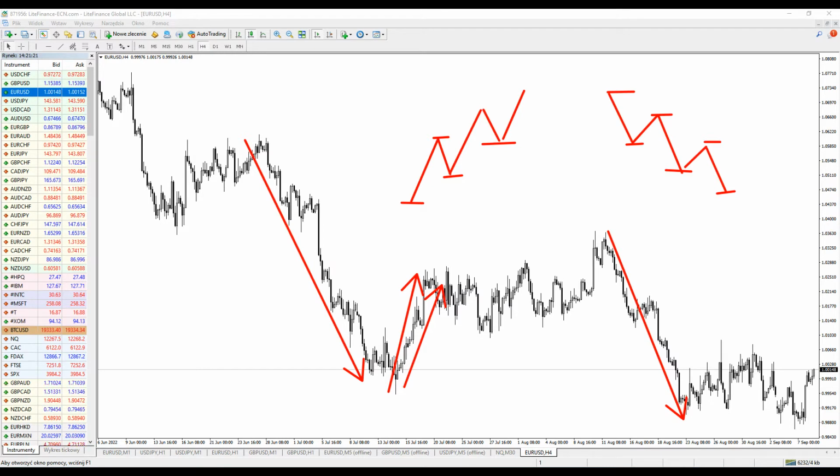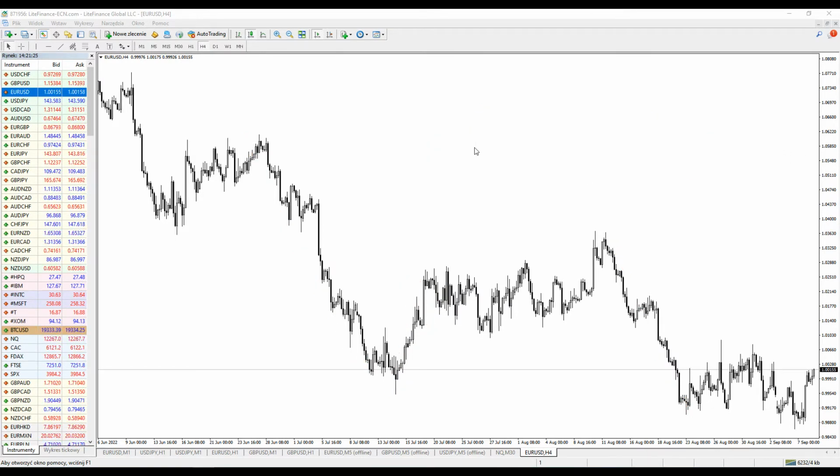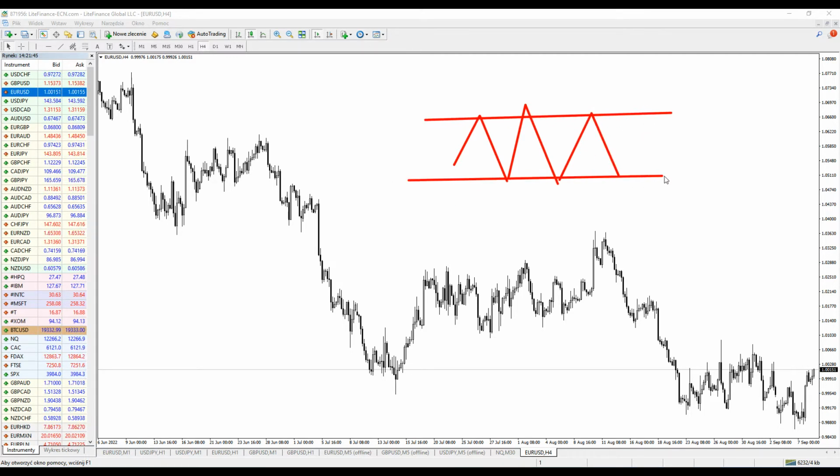But when the market is finally doing things like this, not followed by a higher high or lower low, when it comes to the uptrend or downtrend, then suddenly we might start to create a range.